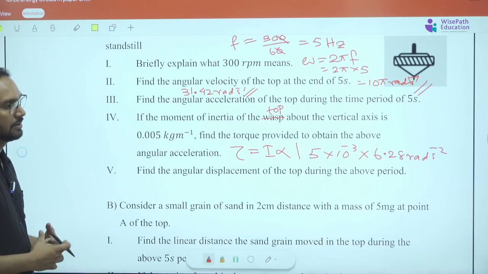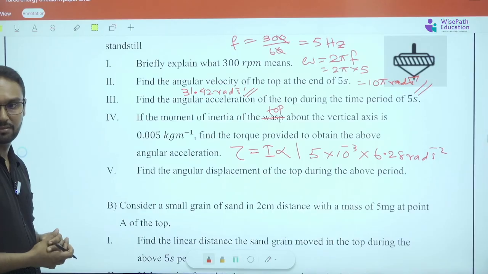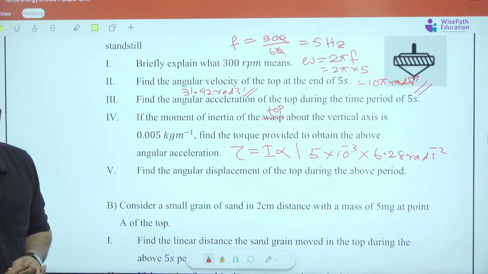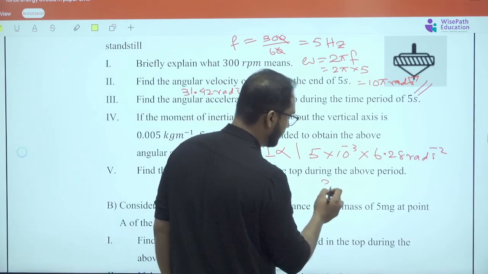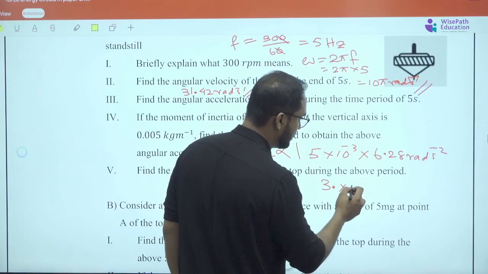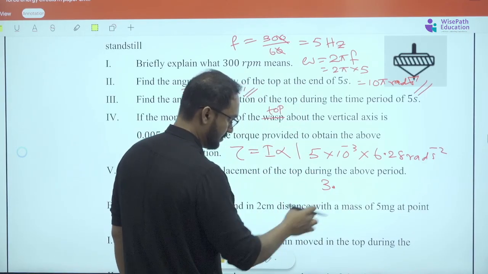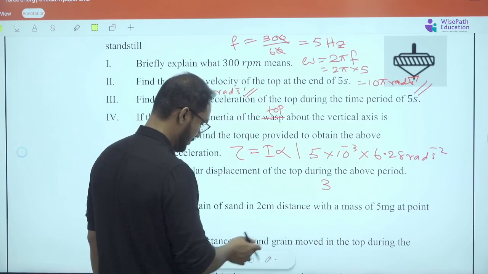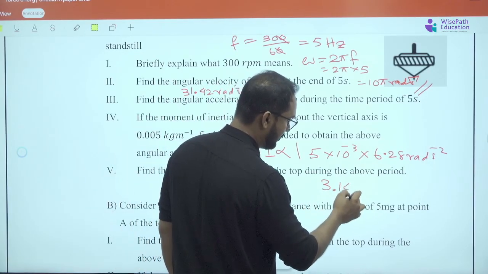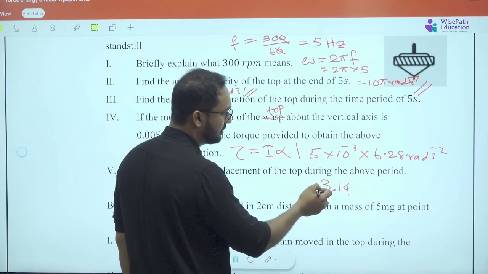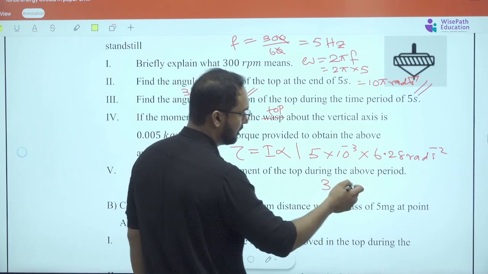Multiplied, what do you get? 0.03. Can you round it off? So 3.14 into 10 to the power minus 2.